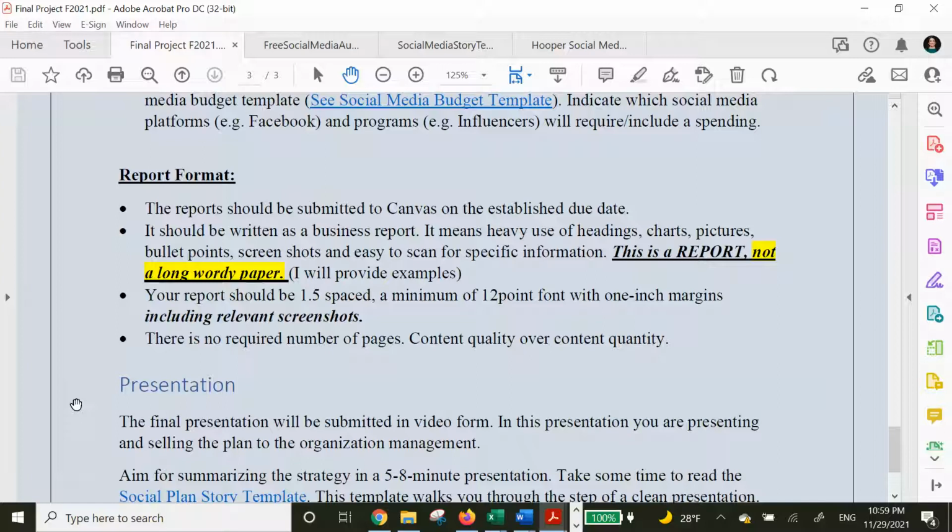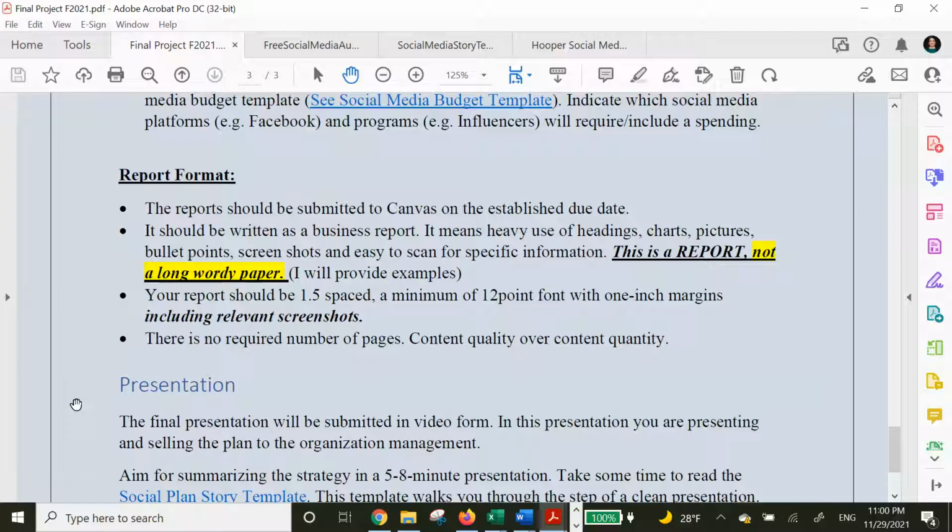You're going to submit your report, and then we're going to have a final presentation. For your final presentation, you're going to extract the information that you think is the most important, because we're going to pretend that you're pitching your idea to the CEO of the company that you're working for.